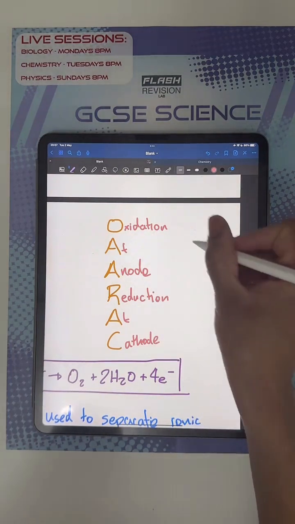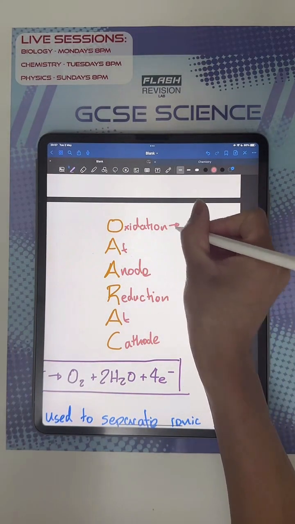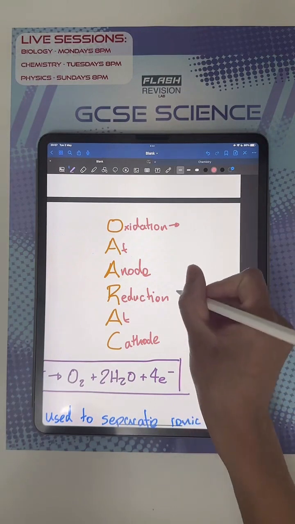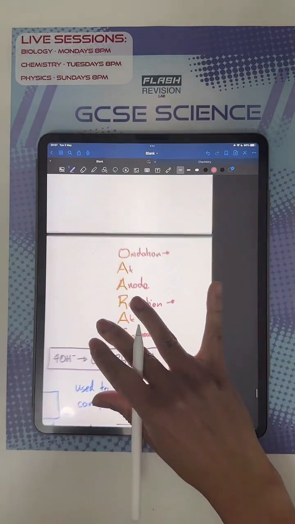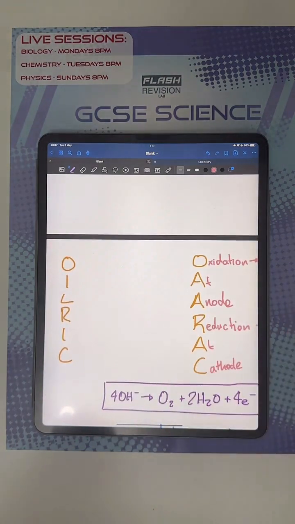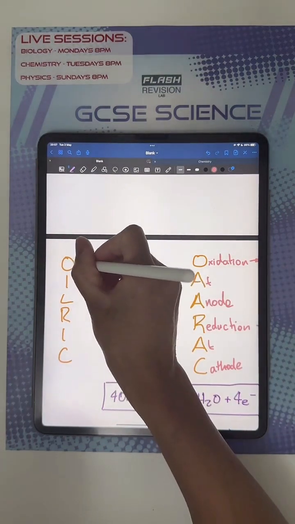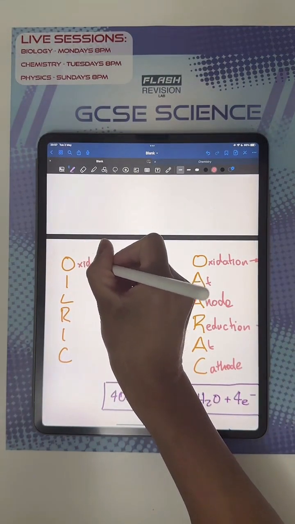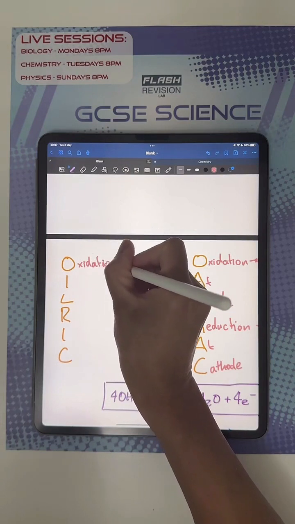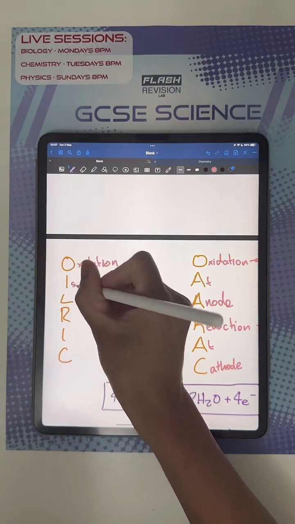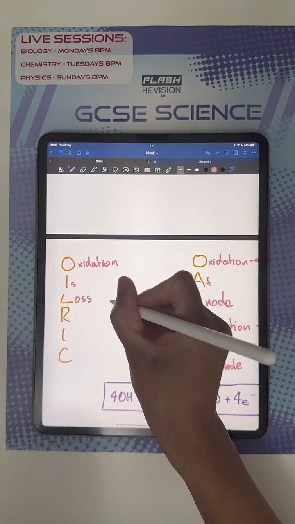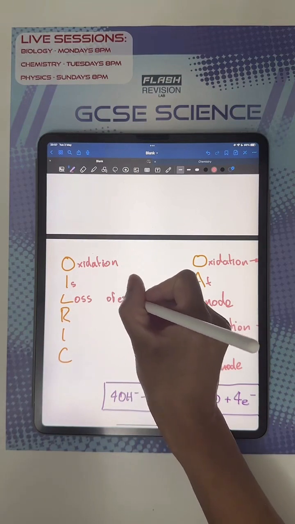What's the difference between oxidation and reduction? That's what OIL RIG is there for. Oxidation basically means the loss of electrons.